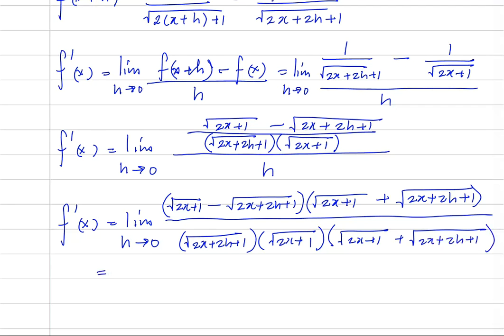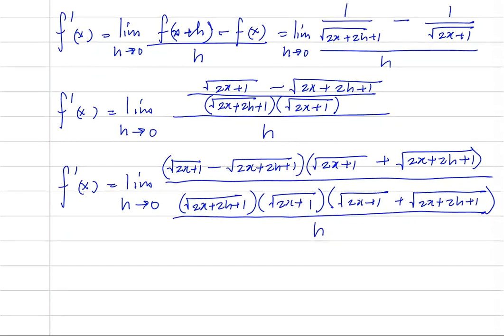at the top, you're going to have the difference of two squares. Before we get there, getting ahead of ourselves, we should have put this, and this is still all over h.